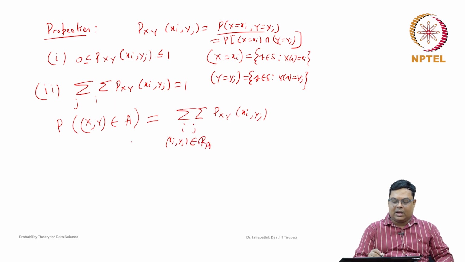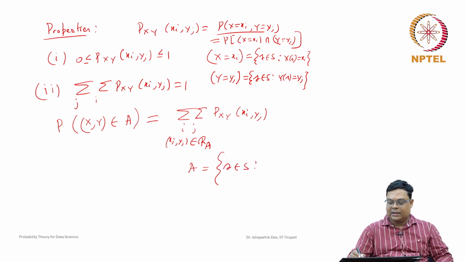Basically, here A is a subset of the range space, but what is A actually? A here is nothing but all elements s in S such that X(s) and Y(s) satisfy the condition.